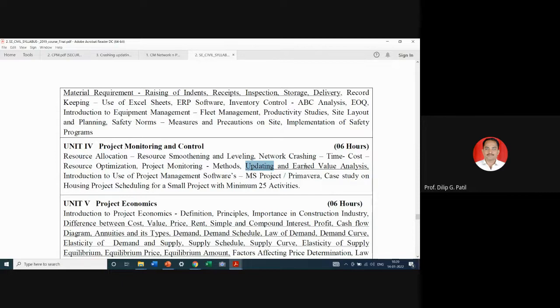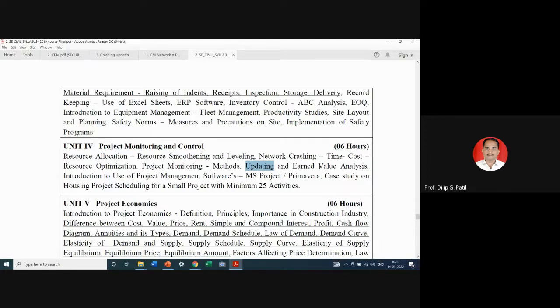And at the end of that particular review, we need to find out how many days will be required as per our new planning, or what will be the project duration as per our new planning or updating. Accordingly, what is the change in the project duration, or what is the remaining duration of the project, like this.